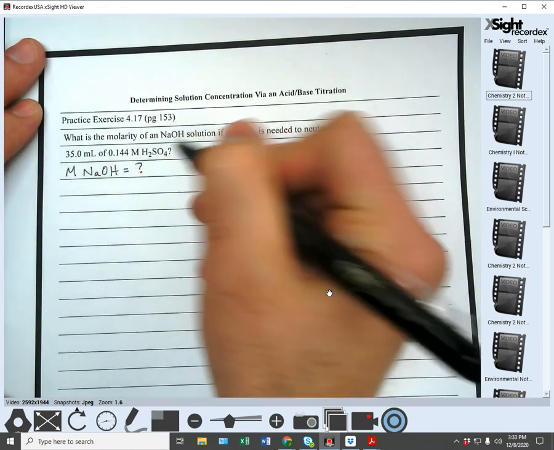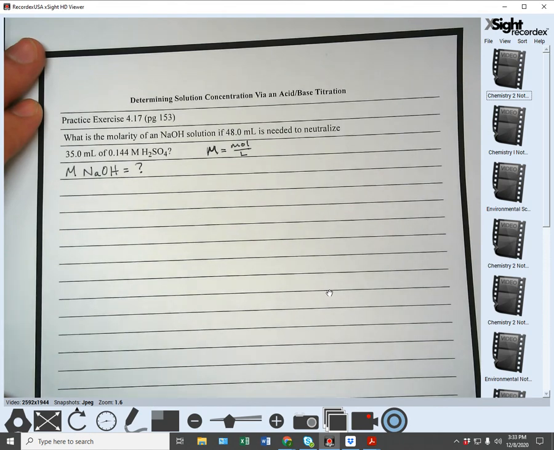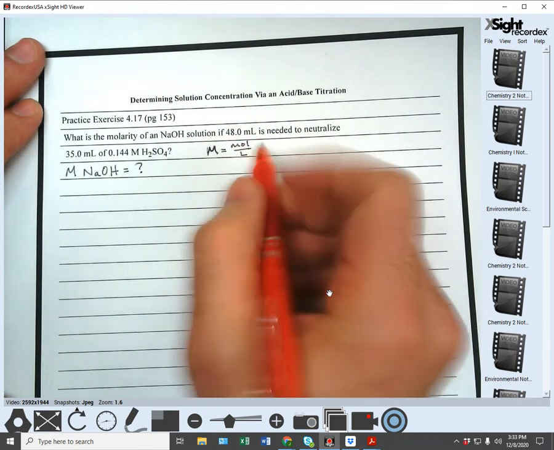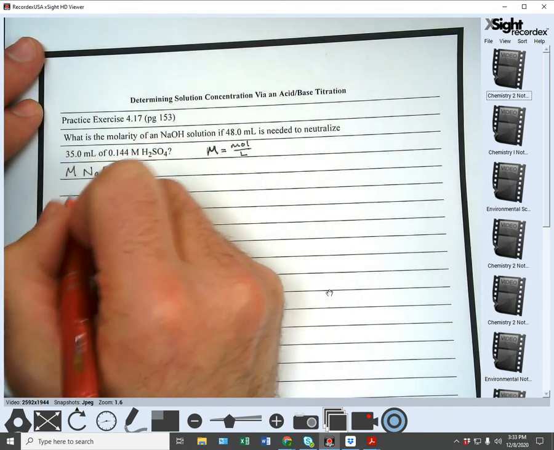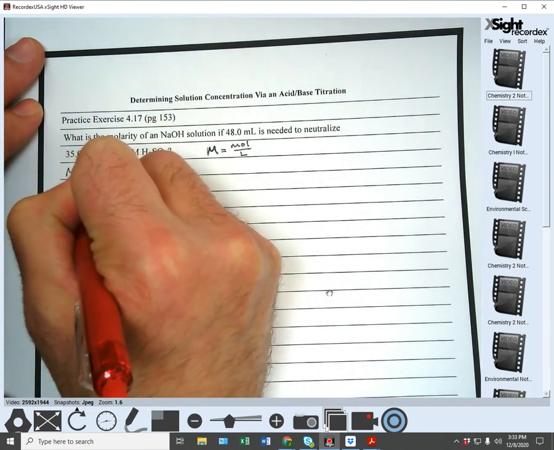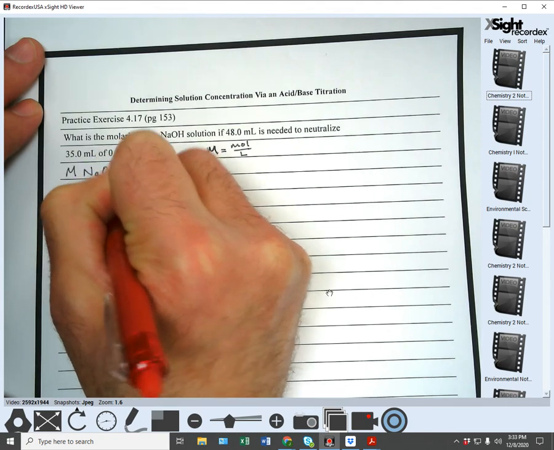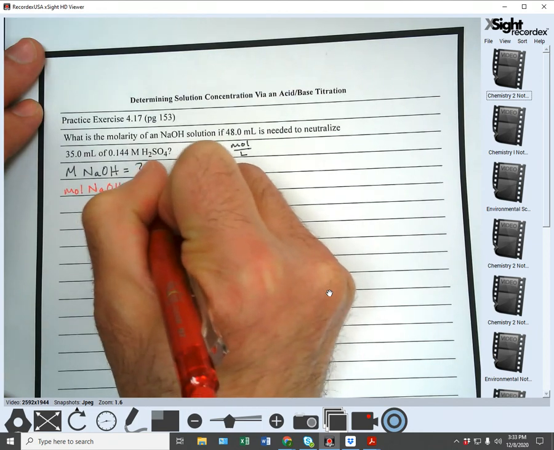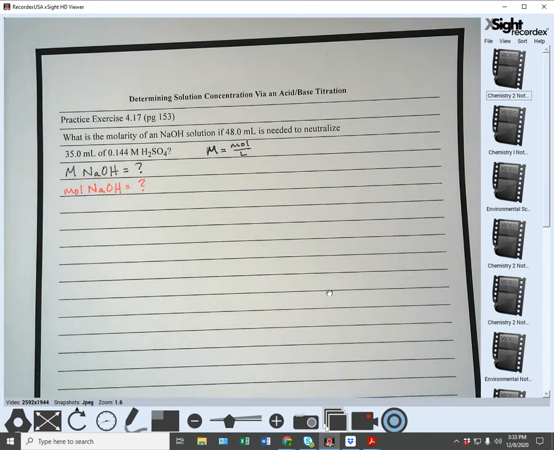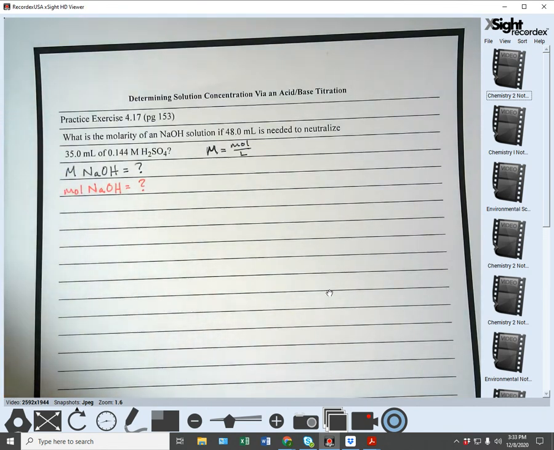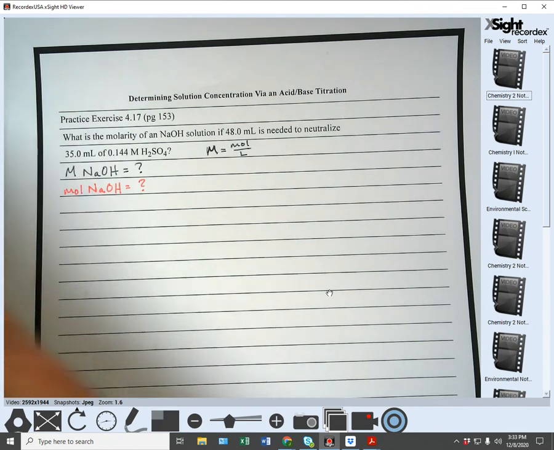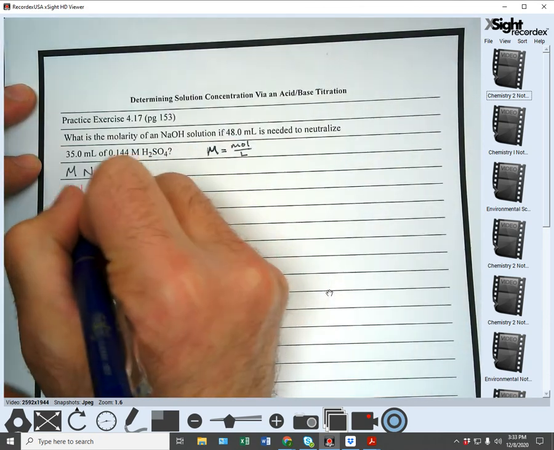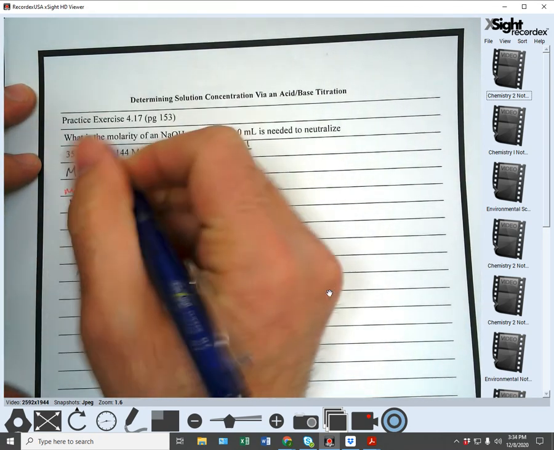To find the molarity of NaOH, we need the moles of NaOH, which we don't have, and we need liters of NaOH.